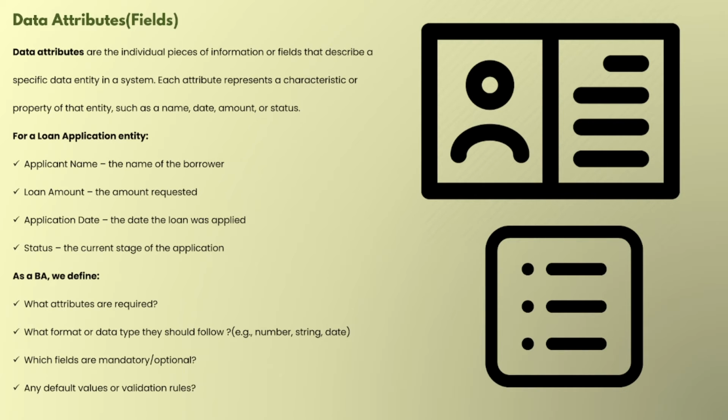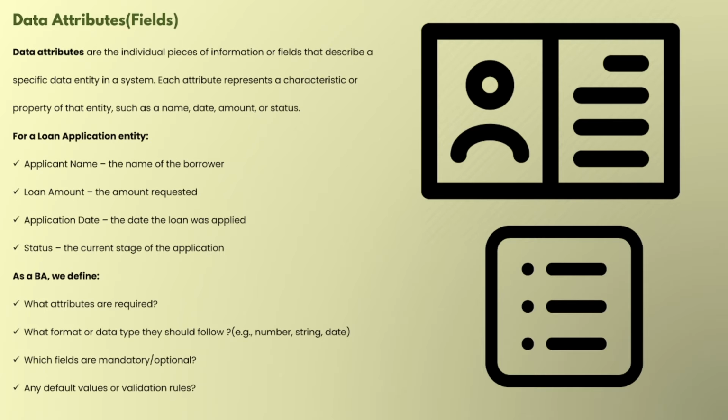And the other rules: if we are giving an email ID, the @ symbol should be there, and the amount should be more than 0. If we are applying for any loan, you can't leave the amount at 0. It should be more than 0. Such validations we can also add.